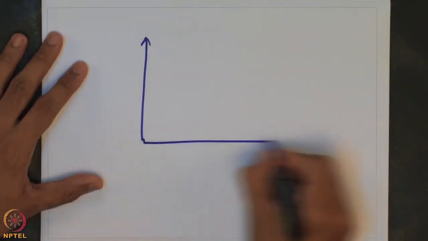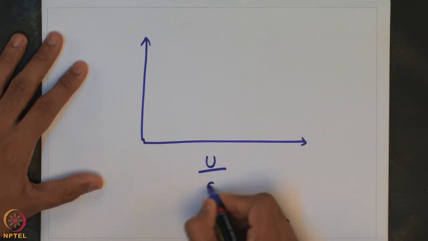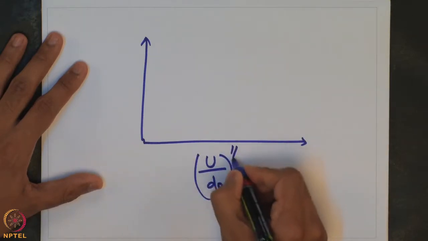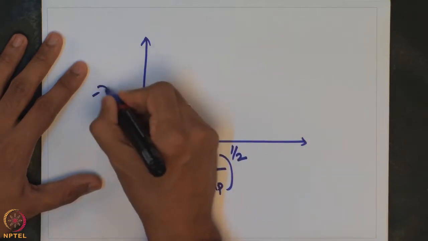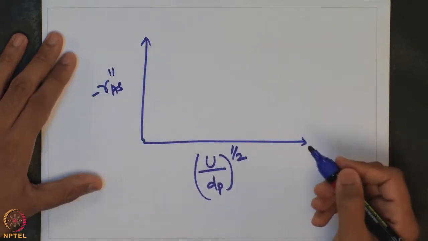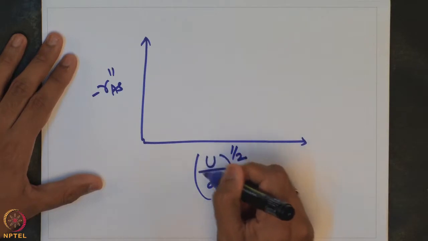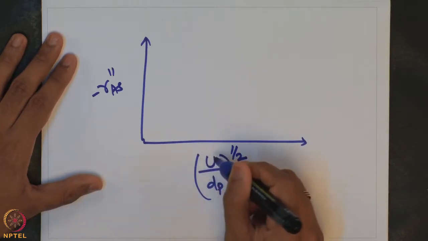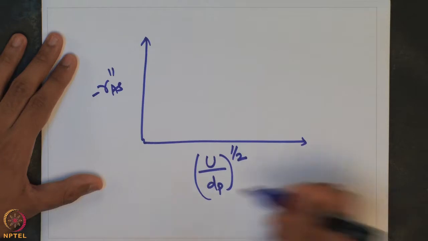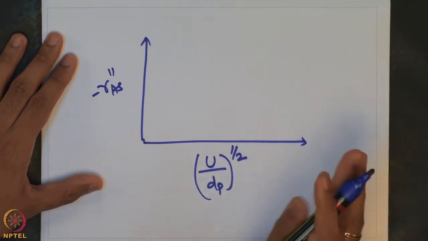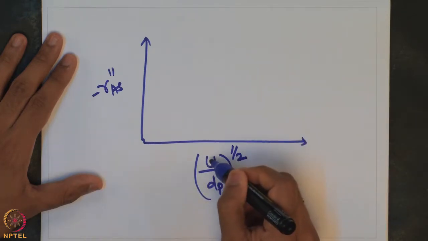So, let us now sketch the rate at which the reaction happens as a function of the superficial velocity. Now if the velocity is very small, let us say that u by dp is very small, let us say we fix the diameter of the particle for a moment, and we are now going to change the superficial velocity.